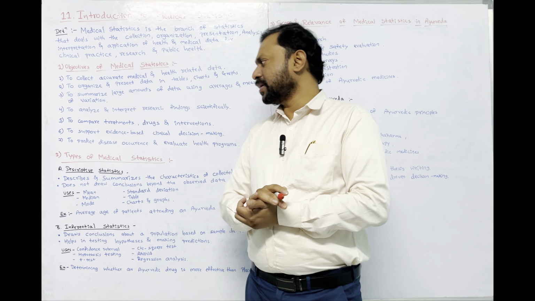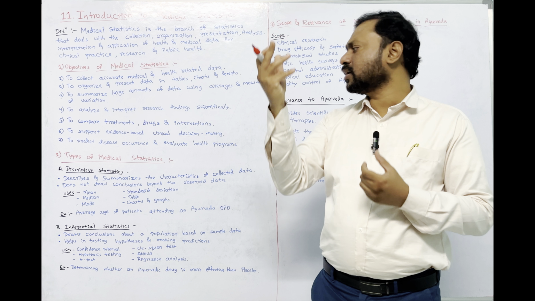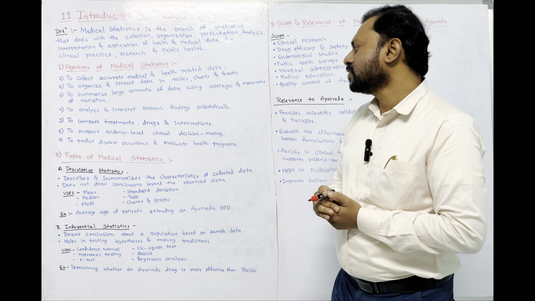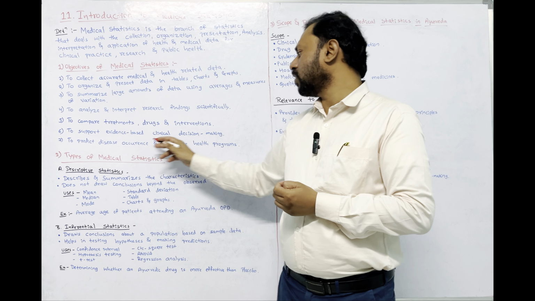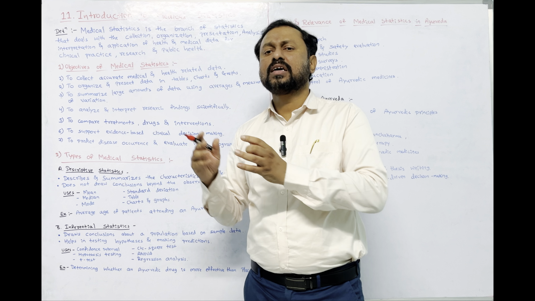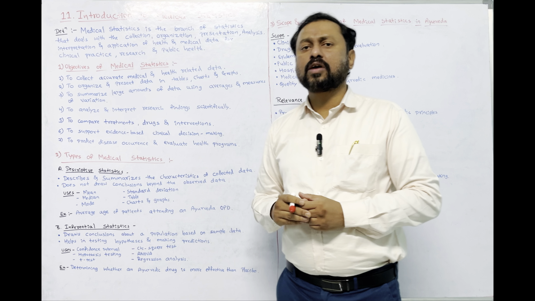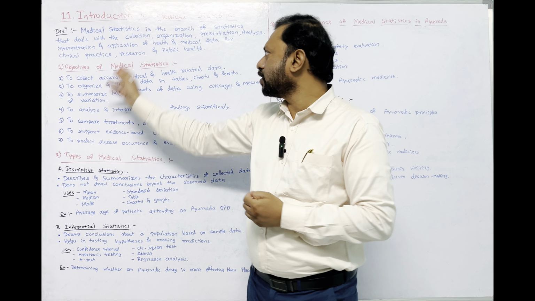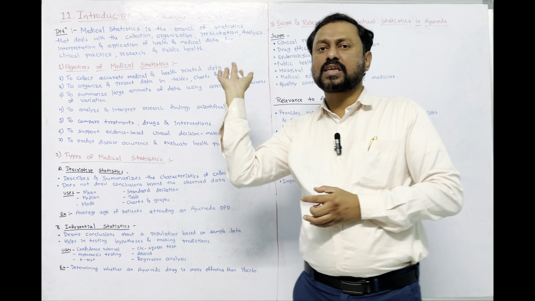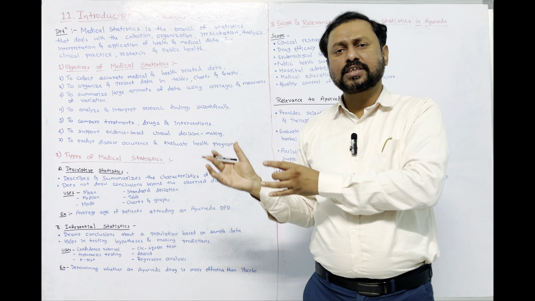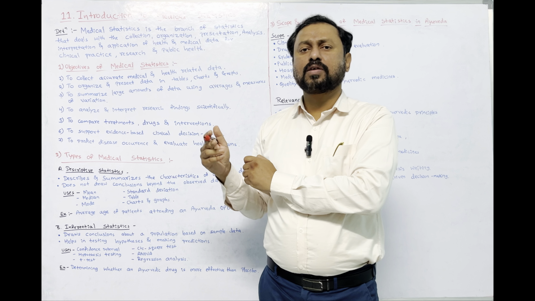The next one is to predict disease occurrence accurately, as well as to evaluate health-related programs. Specifically in the rainy seasons, dengue and malaria are common diseases we predict using medical statistics, because if you take previous records, especially in the month of August, there are more cases of malaria and dengue.